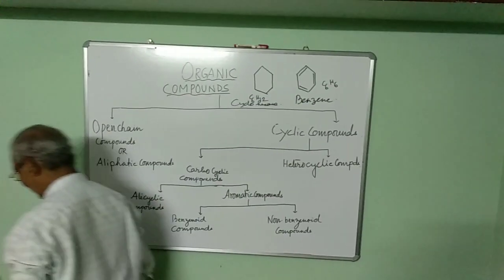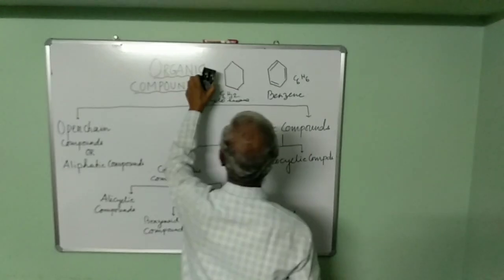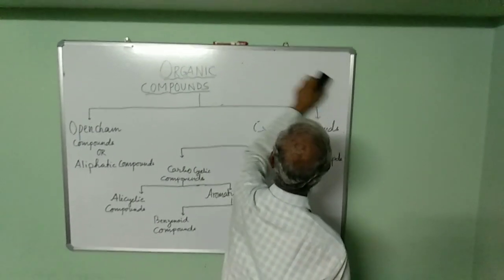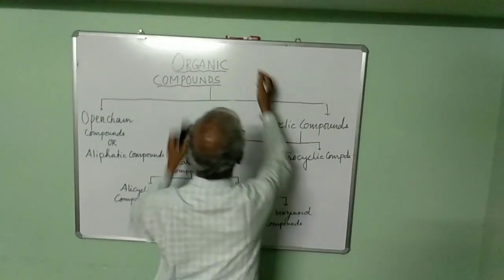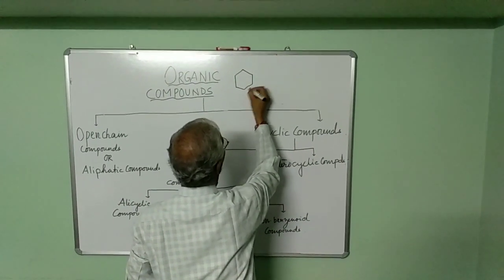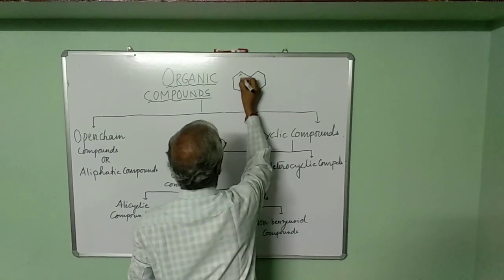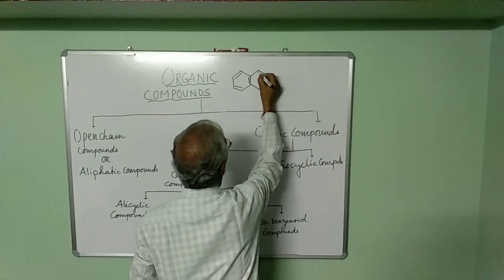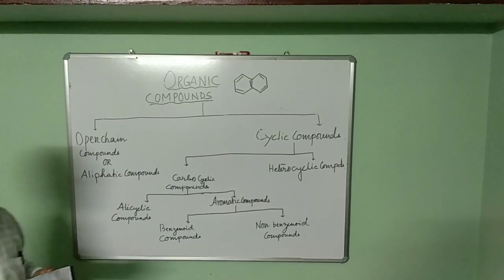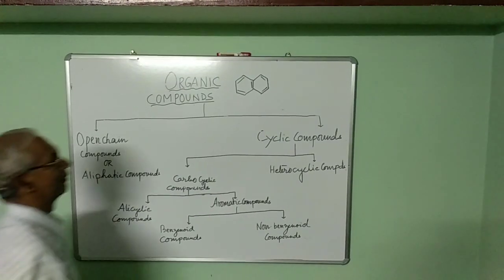This is a cyclic compound. Another example I am giving you. It is naphthalene. So what will be the general formula of this naphthalene?